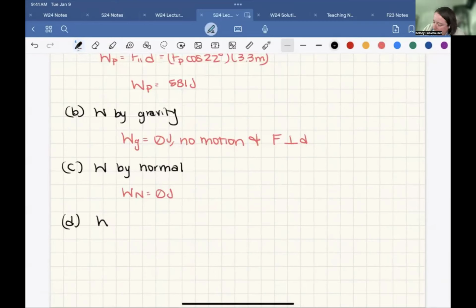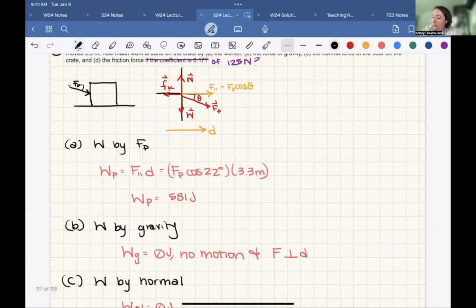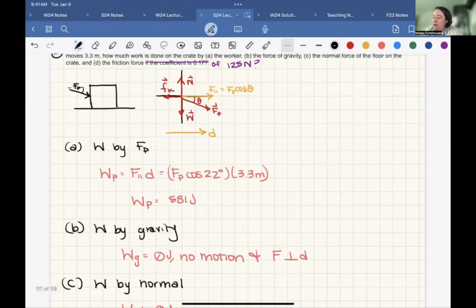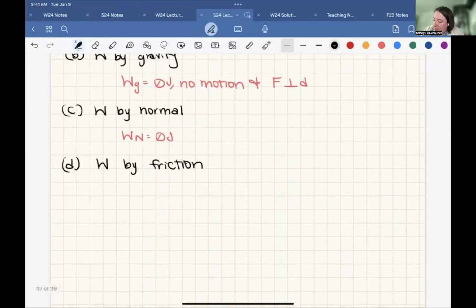And finally, for this one, work done by the friction force. The friction force is along that same horizontal direction, but it is pointing in the opposite direction of the motion. All of it is pointing in the horizontal plane, so we don't have to do cosine or anything, but we have a negative.